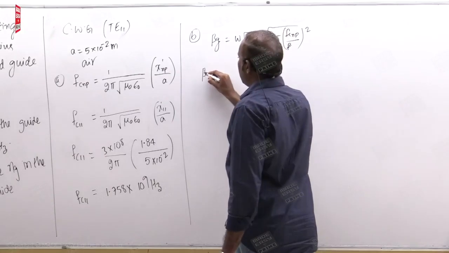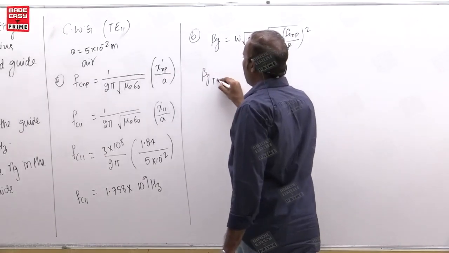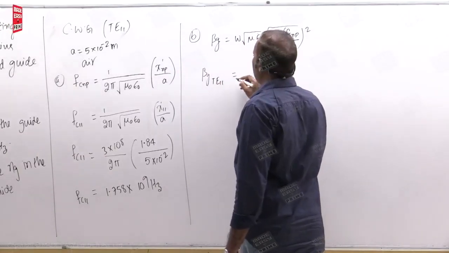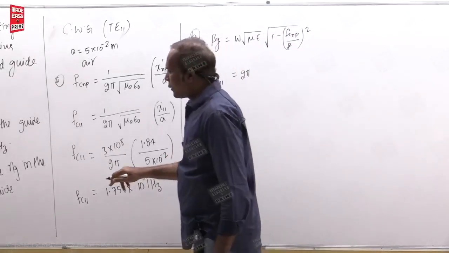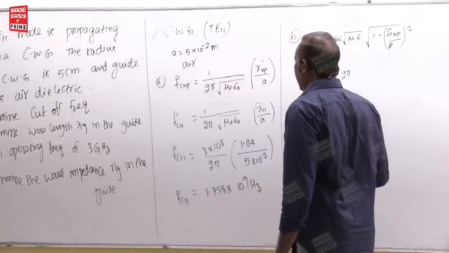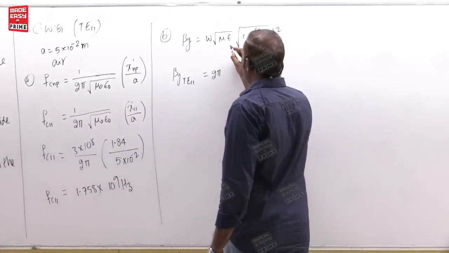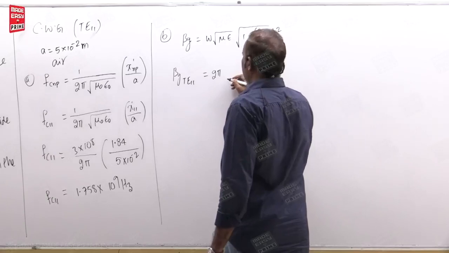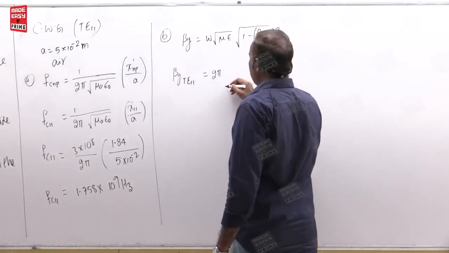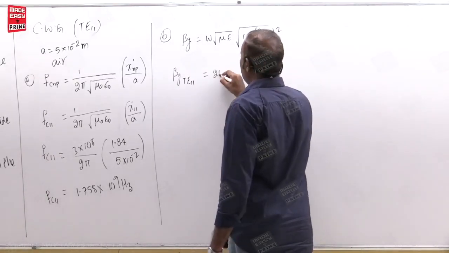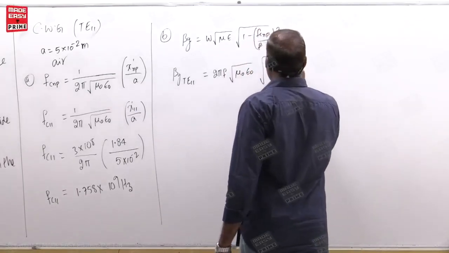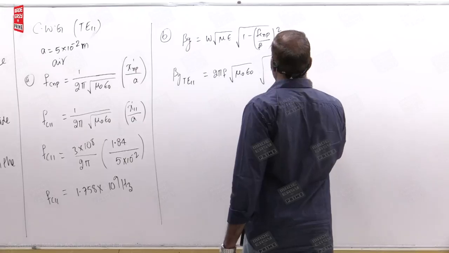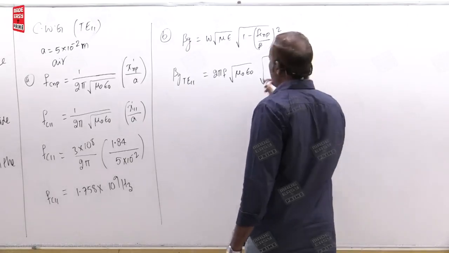For TE11 mode, omega is 2 pi f, and the operating frequency given here is 3 gigahertz. So beta g is 2 pi f root mu naught epsilon naught times root of 1 minus fc11 divided by f whole square.